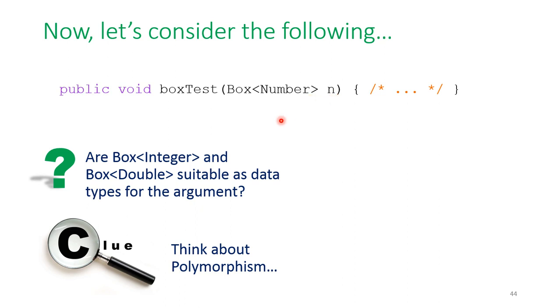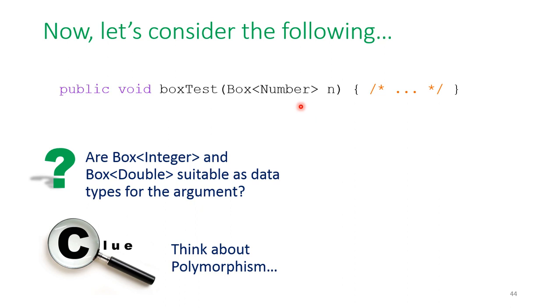And this is where things are going to get much more interesting. So the question that we have to address right now is, if we are trying to pass as an effective parameter, as an argument, when we call this method, an object of class Box of Integer, is it going to be accepted? Because the method says that the formal parameter should be a Box of Number.